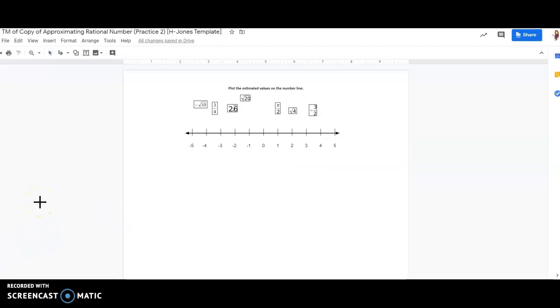So if I'm thinking about the value of -5, we'll just work from left to right. I know that -5 times -5 is equal to 25, which means the negative square root of 25 is -5. So I can rewrite this as the negative square root of 25.